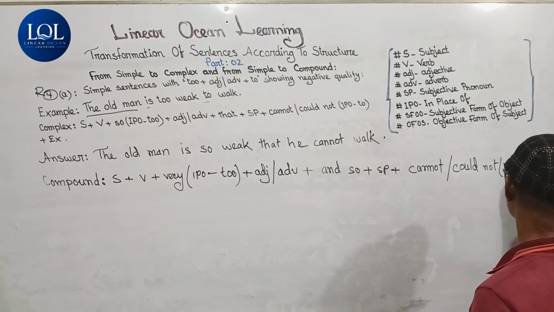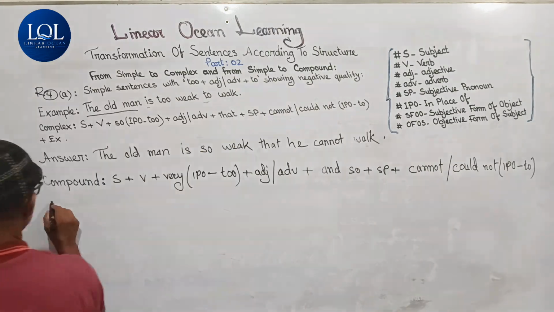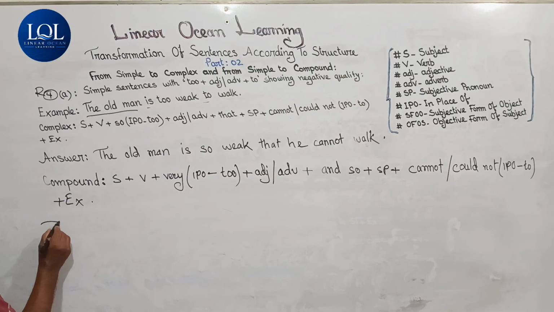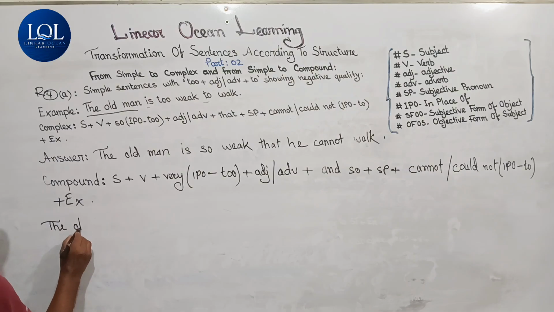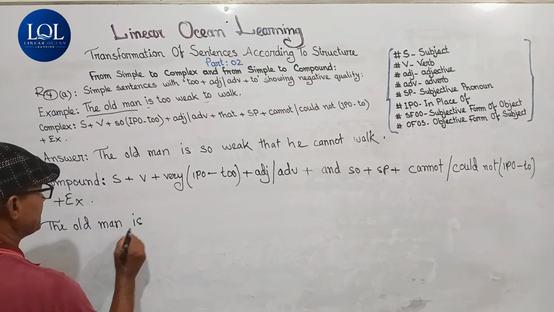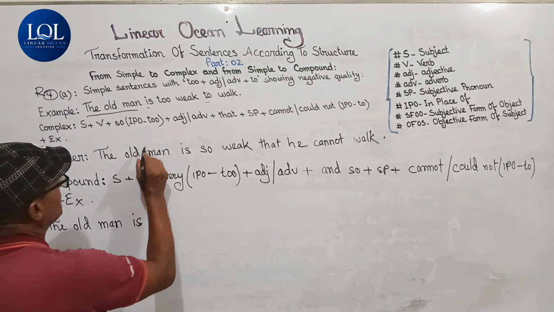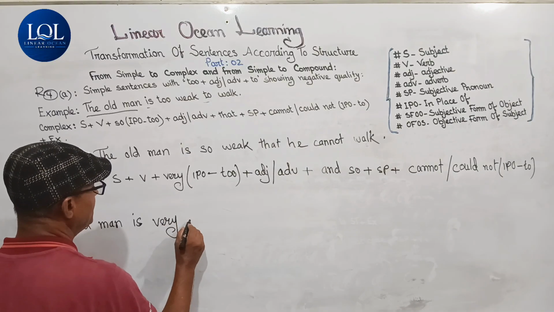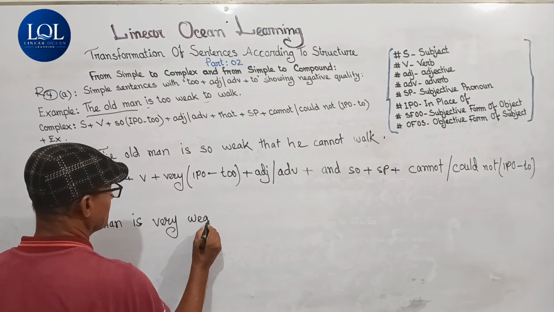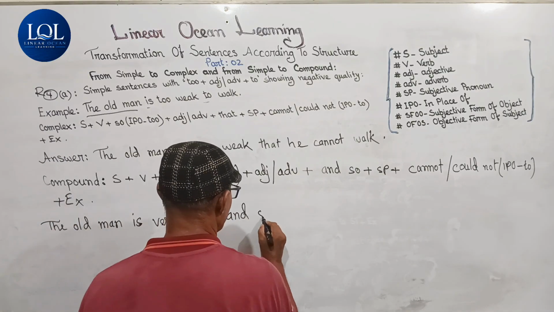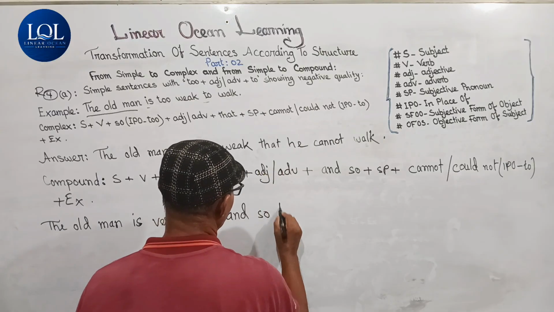IPO "to", plus extension. So its answer is: the old man, verb is here "is"; in place of "to" it will be "very". The old man is very, then adjective weak, and so, subjective pronoun he.